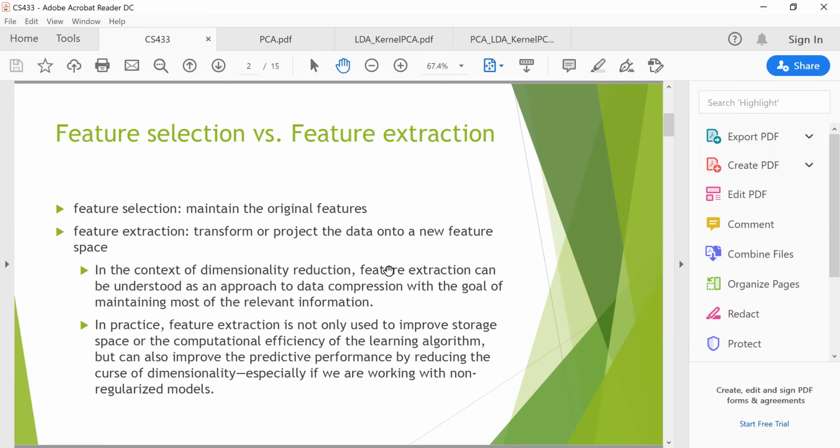Because for feature selection, you're going to maintain the original features, but among the number of features, you pick the most important ones. And feature extraction is where you are going to also transform or project the features into a new feature space. So that's a major difference.